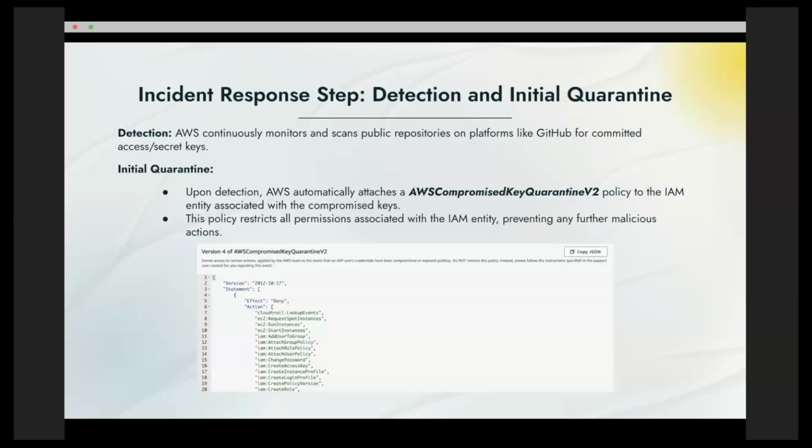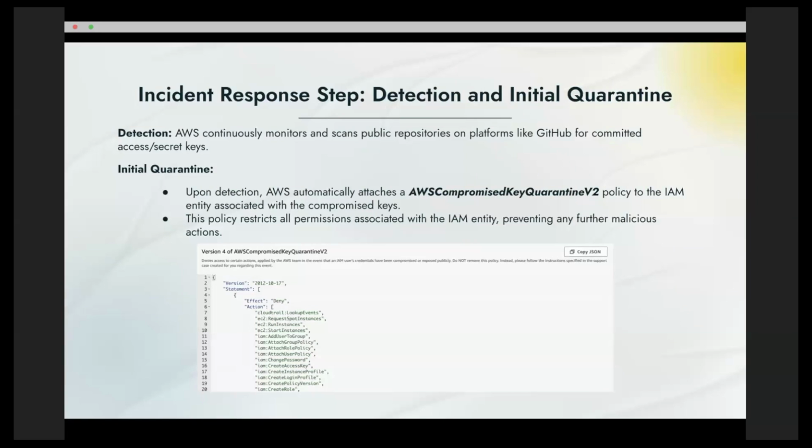First things first, how do we detect it? AWS continuously monitors and scans public GitHub repositories and all other public repositories for any committed access key ID and secret access key. As soon as they find that a security credential has been pushed to a public GitHub repository, they will initiate an email to us.